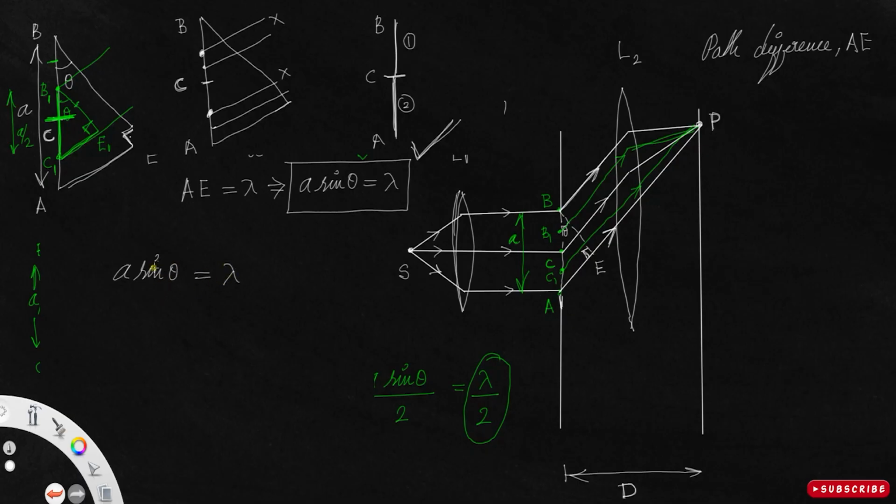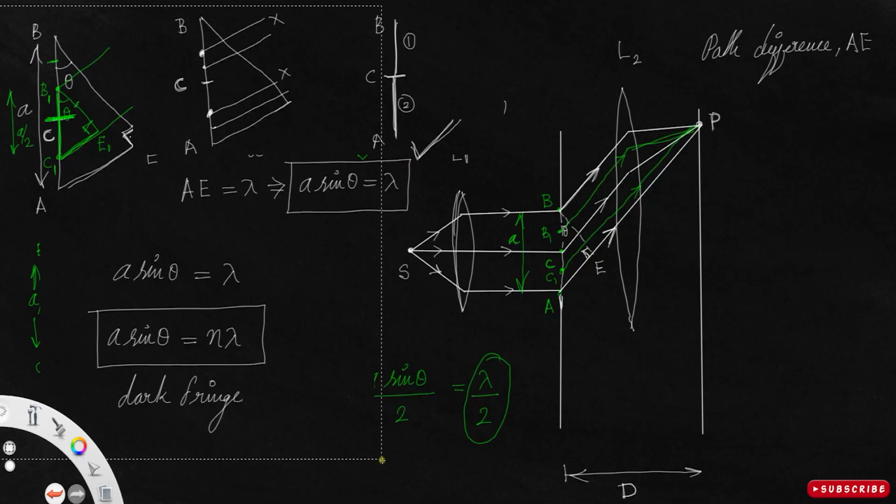And we can prove that when it is an integral multiple of lambda, that is A sin theta is equal to n lambda, this is the condition for dark fringe. Clear?